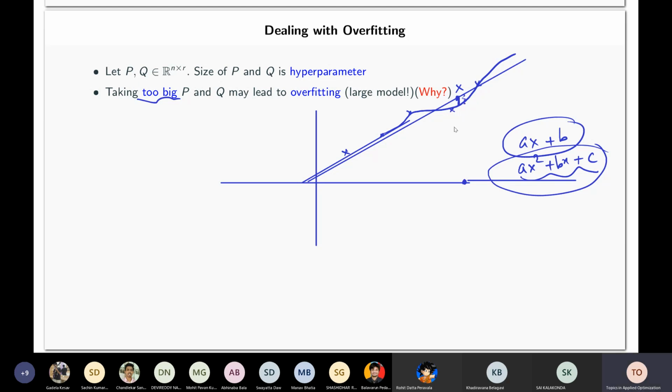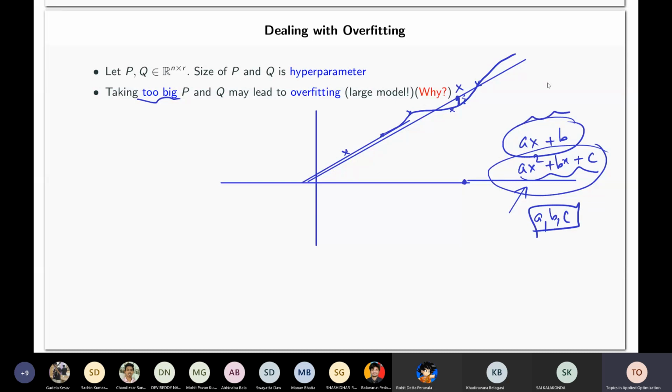Real life data have some perturbations, a little bit up and down. So you should not try to use too heavy a model, too big a model. In this case, the model is big because you need A, B, C storage.